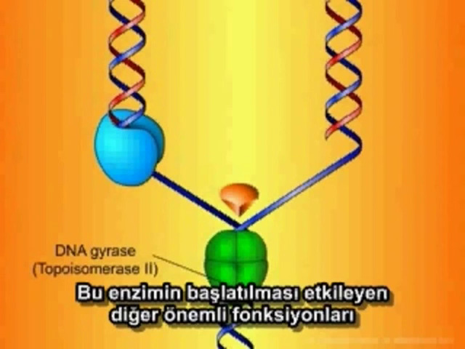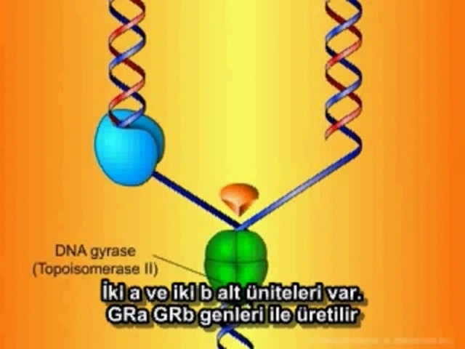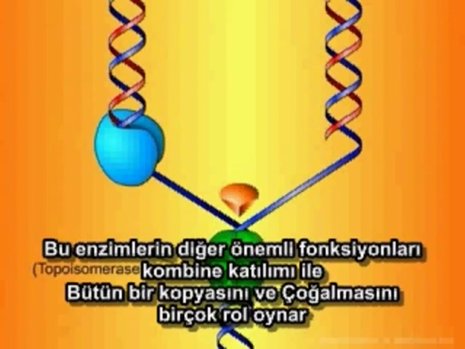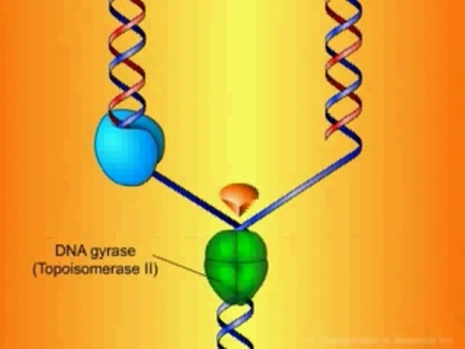DNA gyrase is an essential bacterial enzyme composed of 2 A and 2 B subunits, which are products of the GYRA and GYRB genes. This enzyme has other important functions which affect the initiation of DNA replication and transcription of many genes.